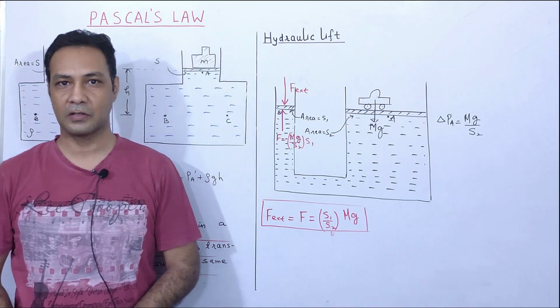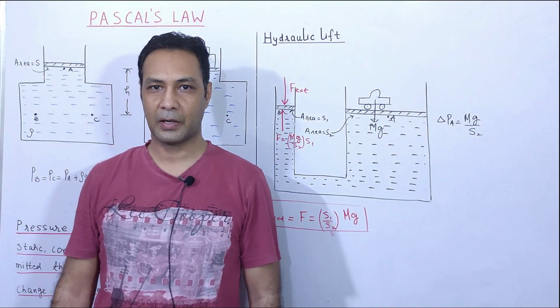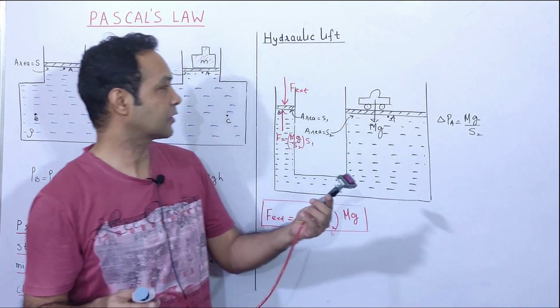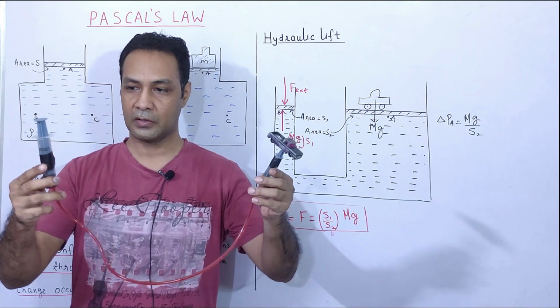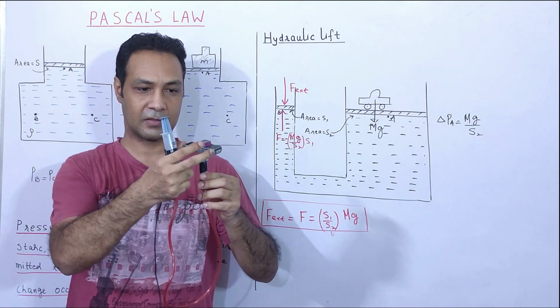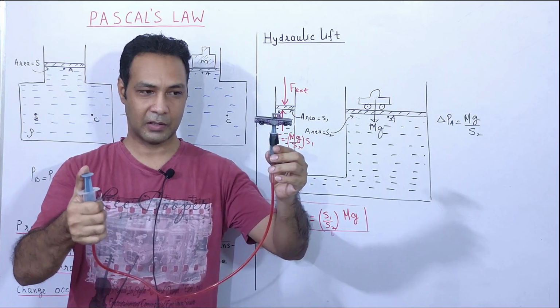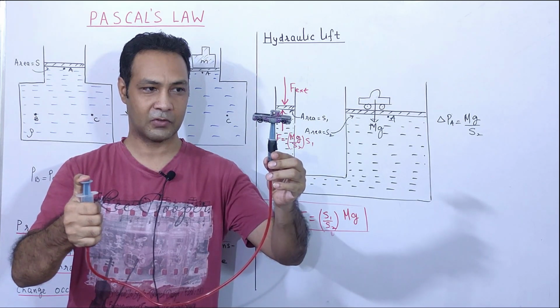Now we can see practically how this happens. For the practical demonstration, I have this hydraulic lift setup similar to the drawing. I have used medical syringes here, and this is a car, which is heavy compared to this piston. I just want to put a very little force, and let's see whether it lifts or not.